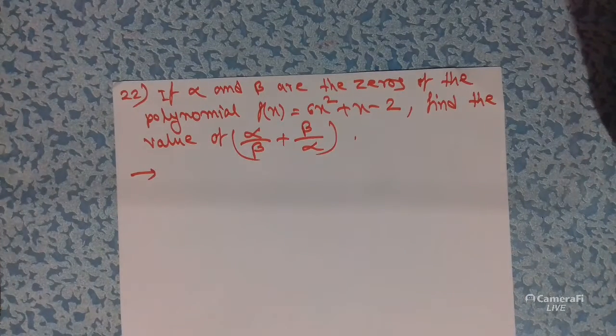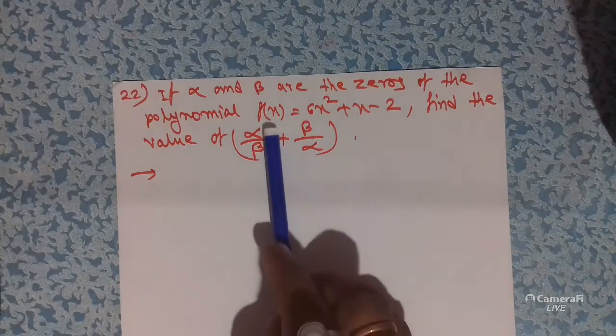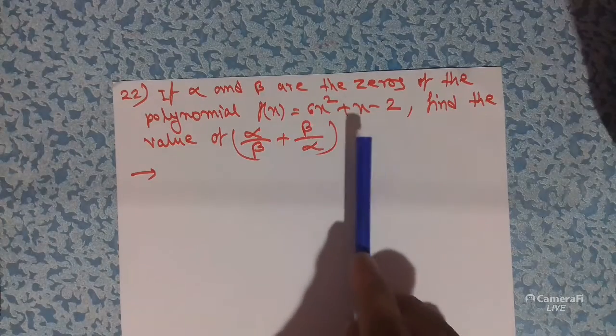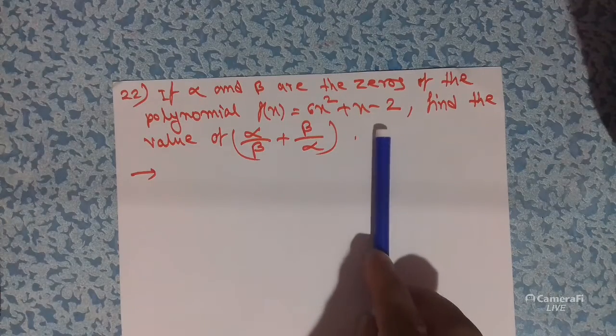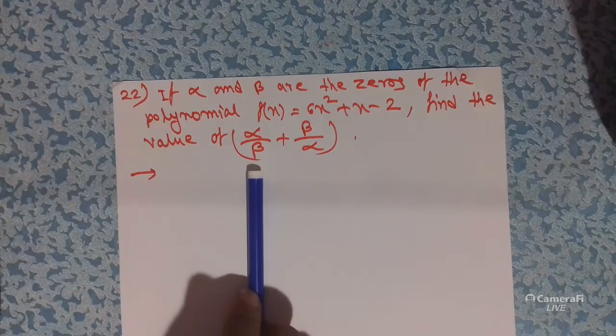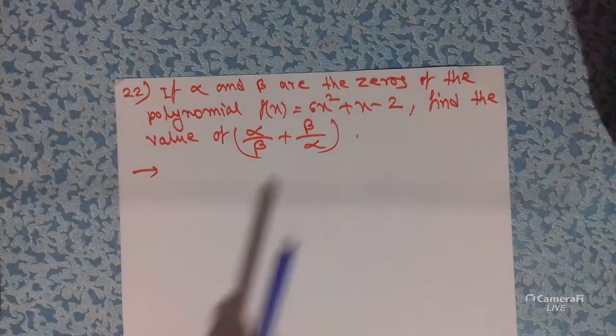So the problem is, if alpha and beta are the zeros of the polynomial f of x is equal to 6x square plus x minus 2, find the value of alpha by beta plus beta by alpha.